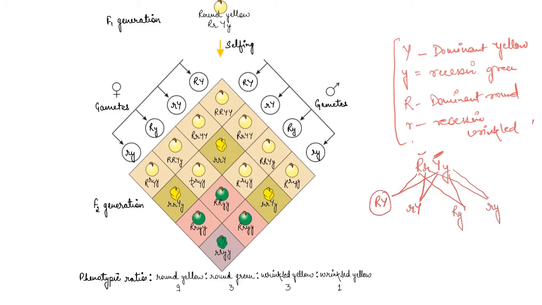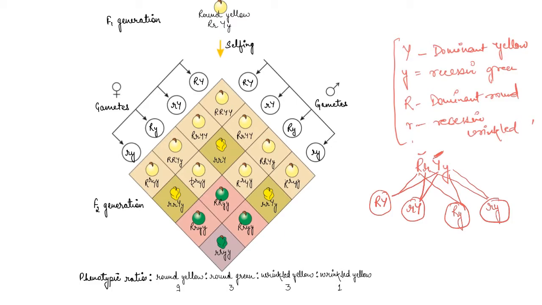So these are the four gametes which were formed, and all the gametes will have one trait of both the characters, whether green or yellow, or round or wrinkled.